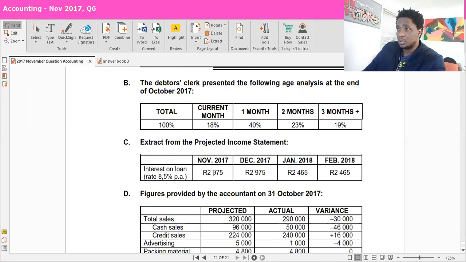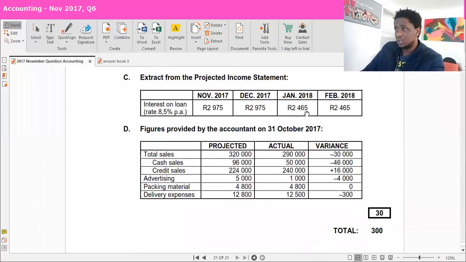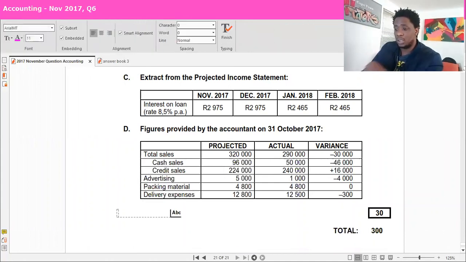So what we need to do first is to figure out how to calculate the monthly interest. So the way to calculate the monthly interest, I'll just write it at the bottom of the page. Obviously we don't know what the loan amount is, so I'll call it L. Then we multiply it by 8.5% interest, that is quite clear.